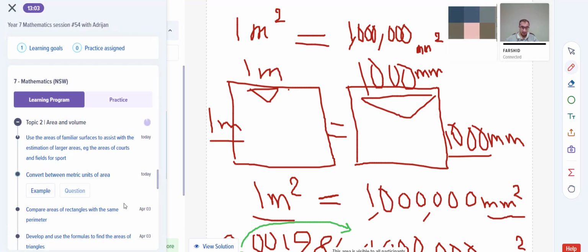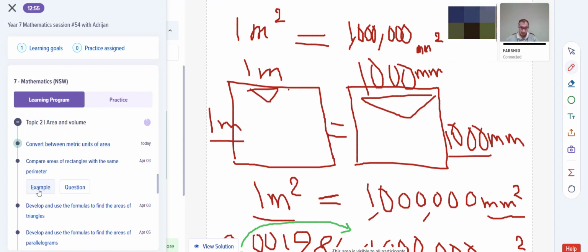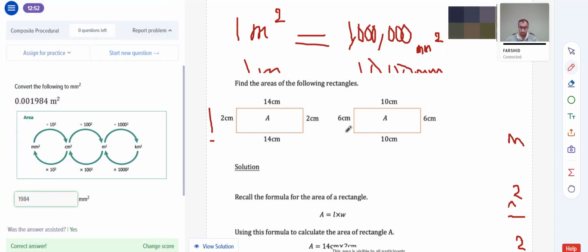Okay, we finish this one, we go to the next one. Okay. Compare areas of rectangles with the same perimeter. So in the following, we want to find the areas of the following rectangles. So the area is the length multiplied by the width, which is 28.